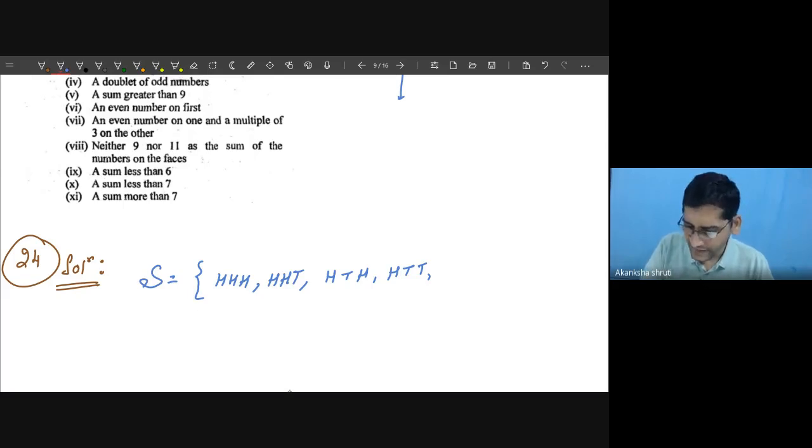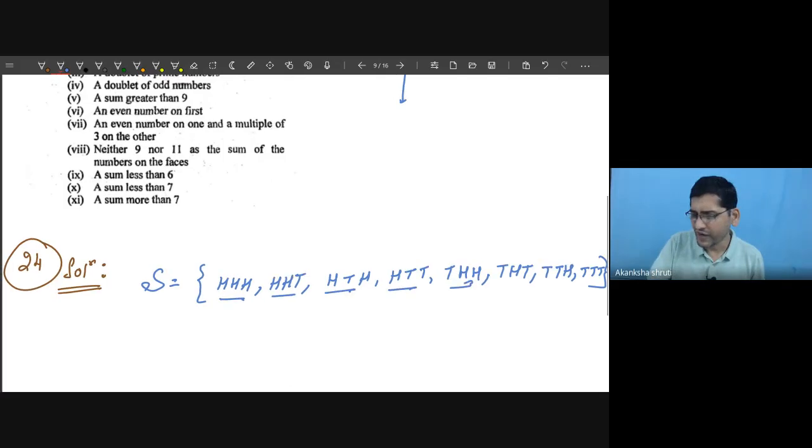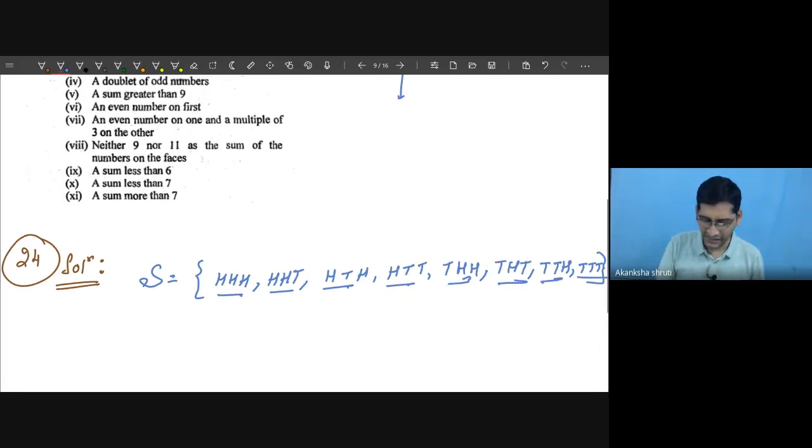In place of head, it can be tail: THH, THT, TTH, TTT. How many elements are there? 1, 2, 3, 4, 5, 6, 7, 8. So n(S) is 8. You must put the habit of first writing the sample space, then writing its number.